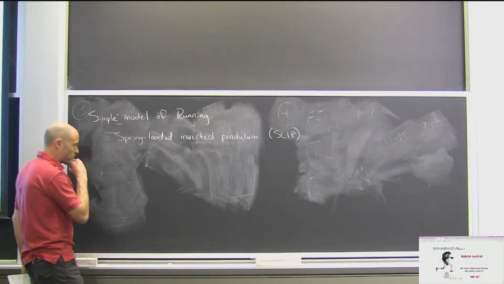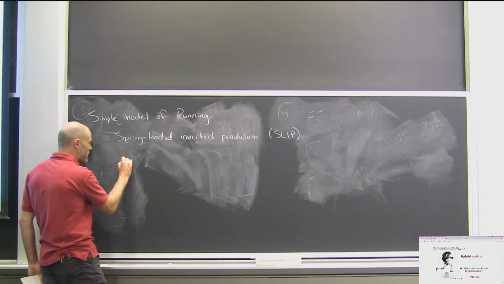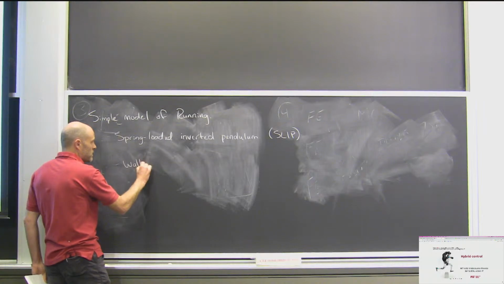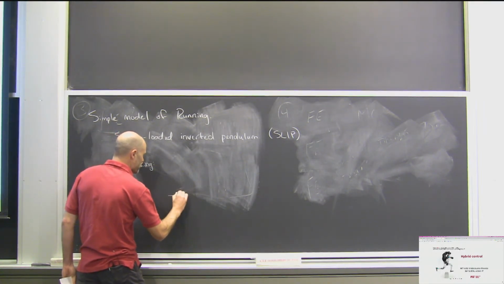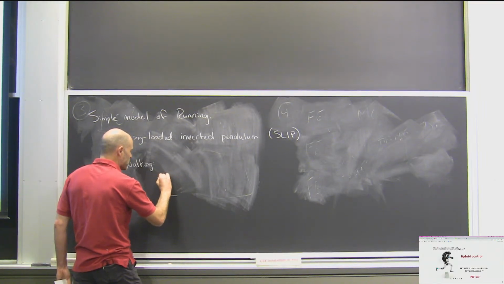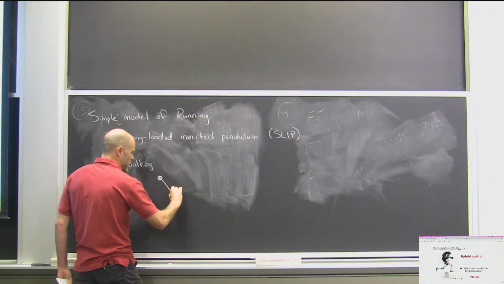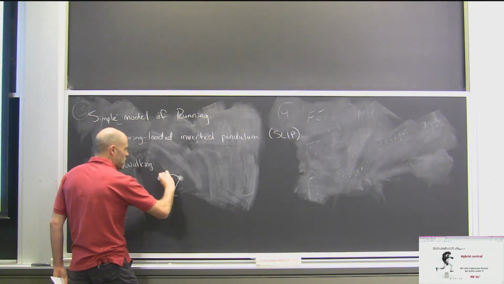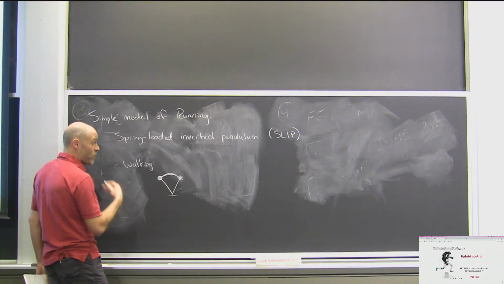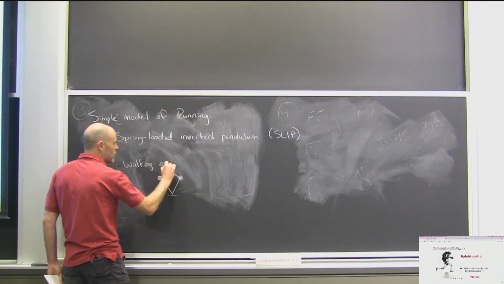So the simple models of walking, we're no longer completely happy with this, but we talked about the rimless wheel, right? So the rimless wheel thinks about walking, and even the initial biomechanics studies of walking described walking as vaulting over your stance foot.